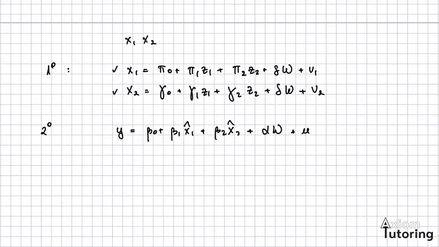However, this is not enough. So we now know the general setup and what it looks like. What we haven't asked yet is how many instruments we actually need, and whether they need to satisfy any additional conditions beyond relevance and exclusion.